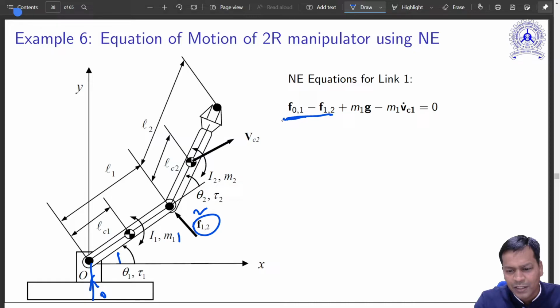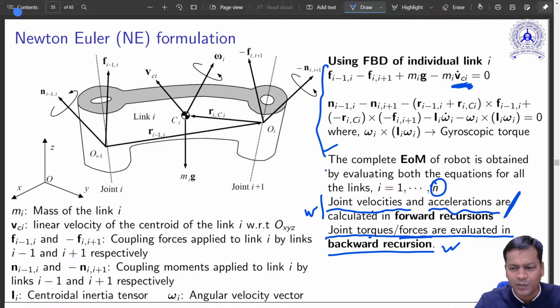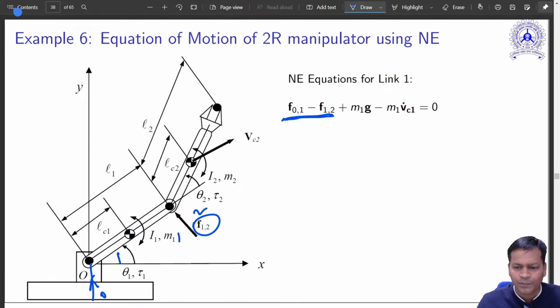This is the resultant force. This is effectively similar to what we did earlier, exactly this equation is put over here. Just the variable number is there now. It is not in a generalized i plus 1 case. I am dealing with link 1.